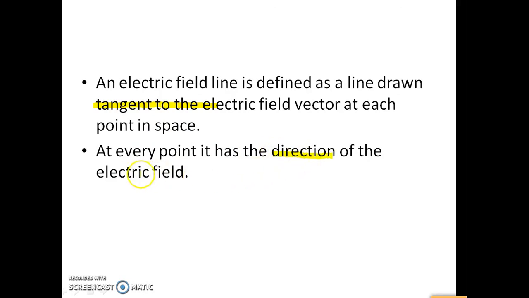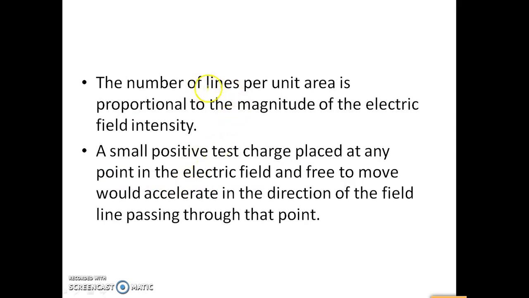So the direction of the electric field line is the same as the direction of the electric field, and the number of lines per unit area is proportional to the magnitude of the electric field intensity. And if you leave a small positive test charge at any point in an electric field, and it is free to move, it would accelerate in the direction of the field line passing through that point.